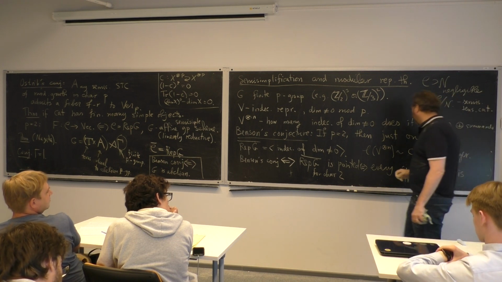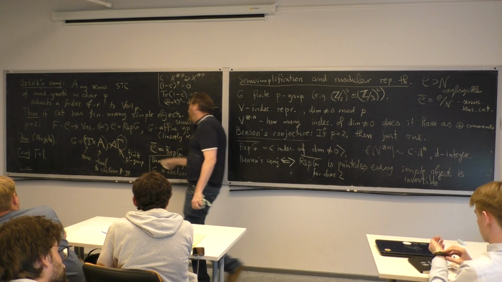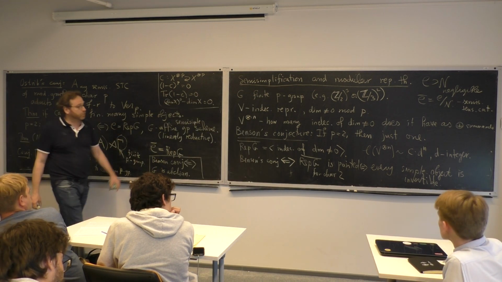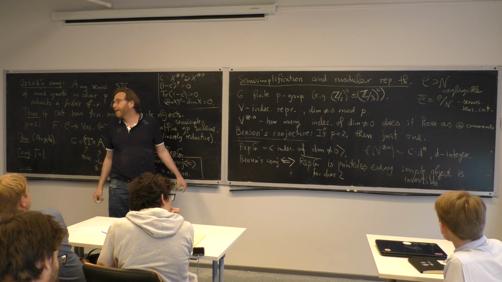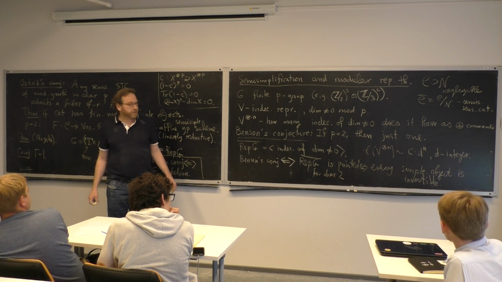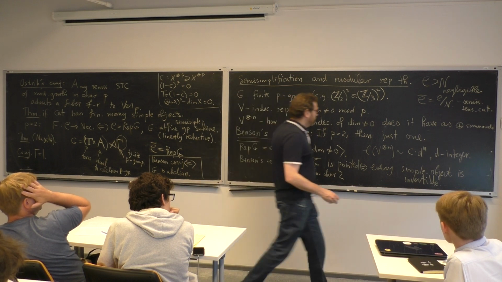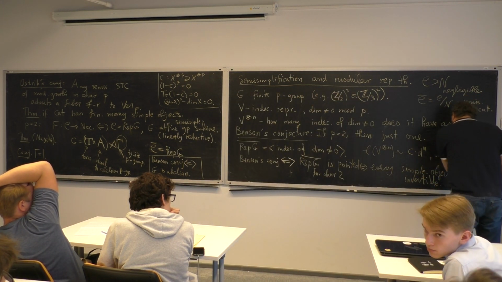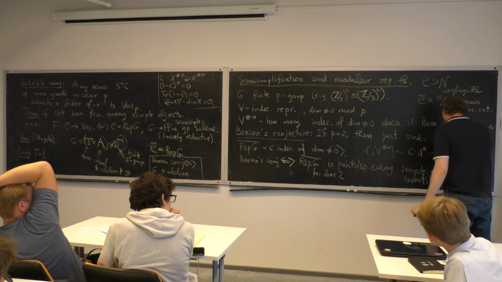So d will be the dimension of the image of v in the semi-simplification. The conjecture is that it is 1 for p equal 2, but for p greater than 2, it is not 1. And actually, it's not an integer. It's quadratic.